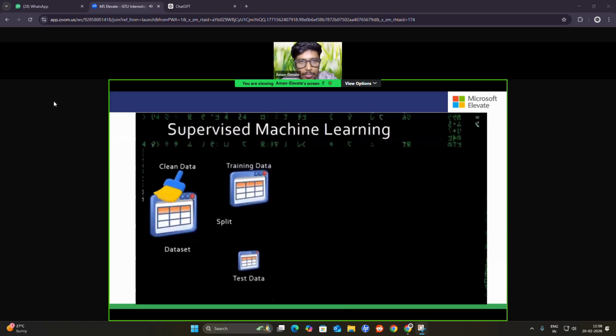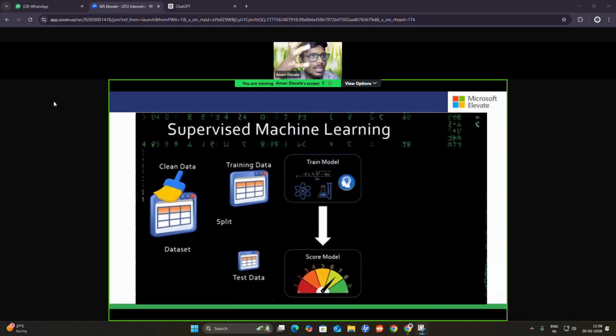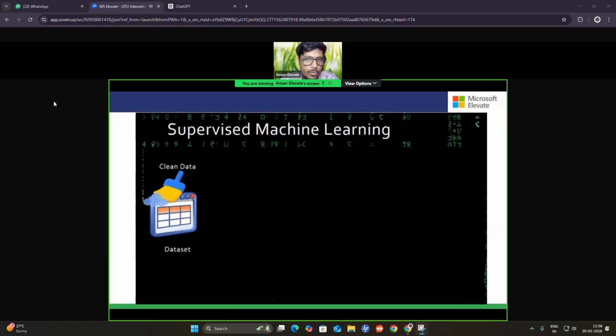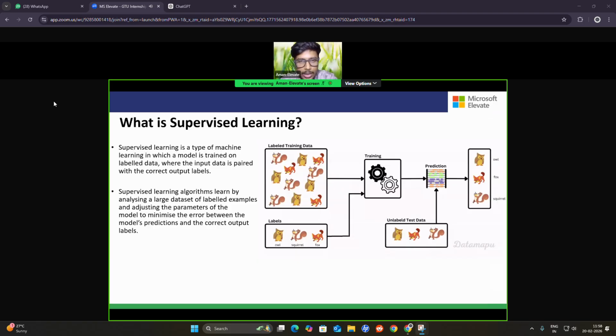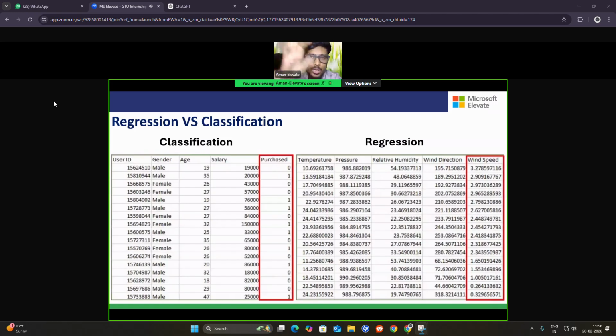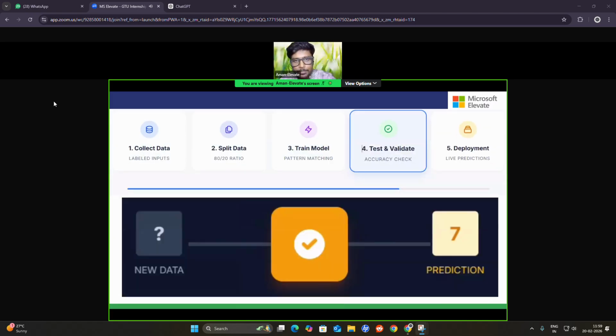We also understood the need of evaluating the training and test data sets, and why we compare them. And we understood how differently regression and classification problems look in the output. Classification looks like categorical form, and regression looks like numerical form. So this is what we have understood till now.